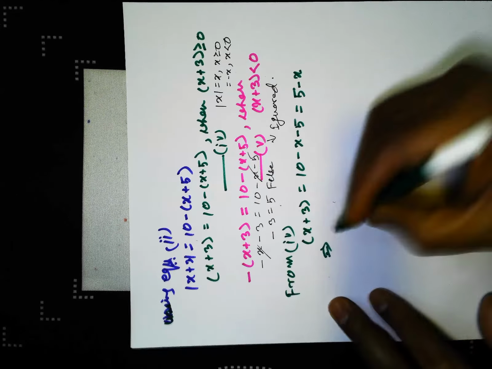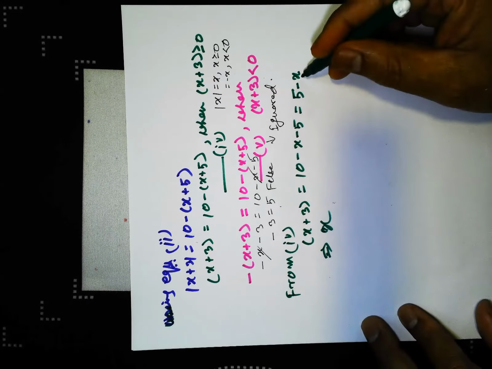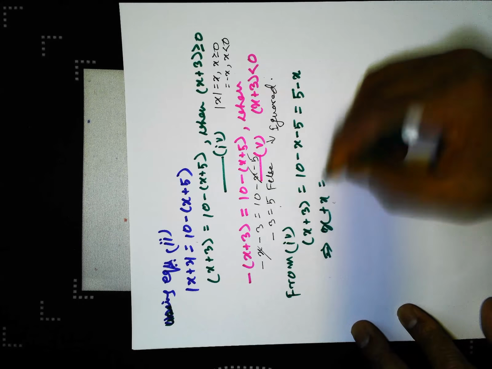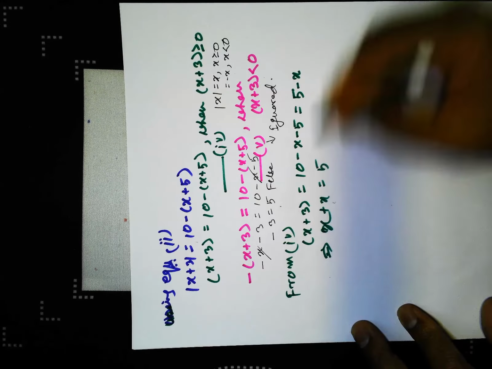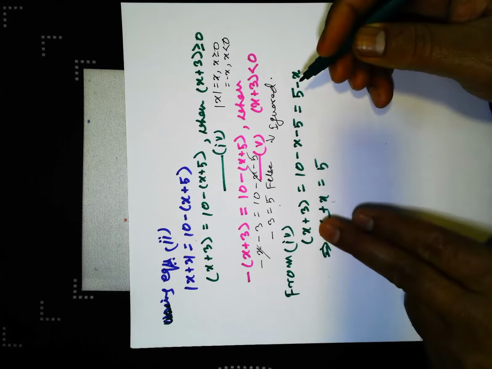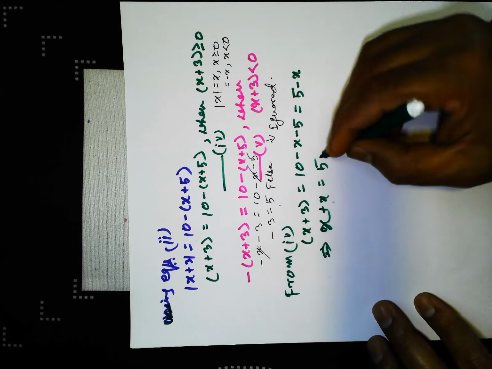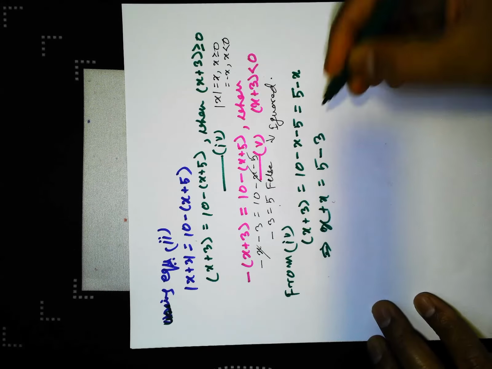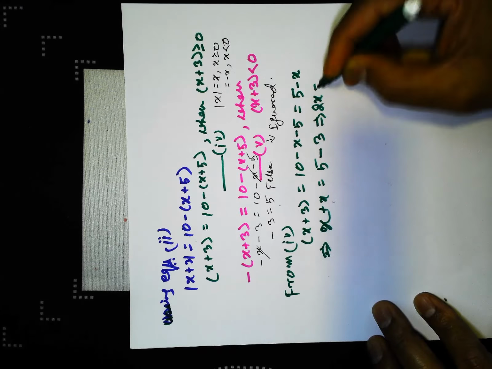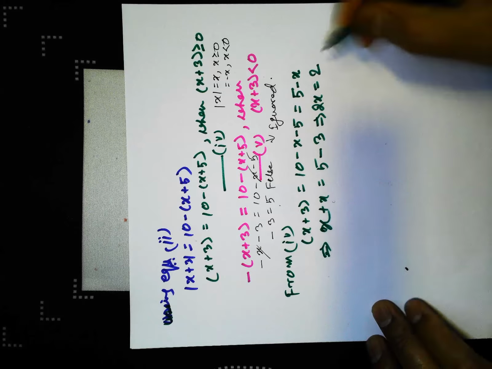So this is x and this is minus x. If you transpose this to the left side, it is going to be plus x, and this is 5 now. 5 is already here, leave it here. But this plus 3, if you transpose to the right, because we are going to get the value of x, this is minus 3, and then it will be 2x equals to 5 minus 3 is again 2.